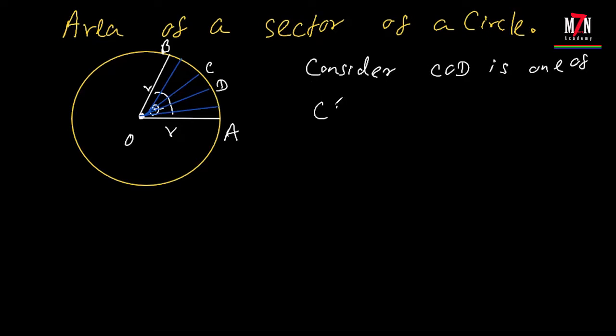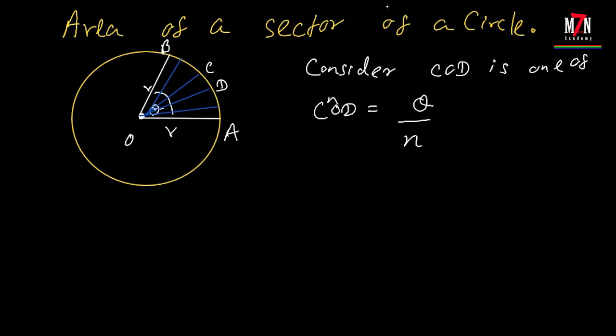So we can write angle COD equals theta over the number of smaller sectors. Let's take that as n. n is the number of smaller sectors of this circle.